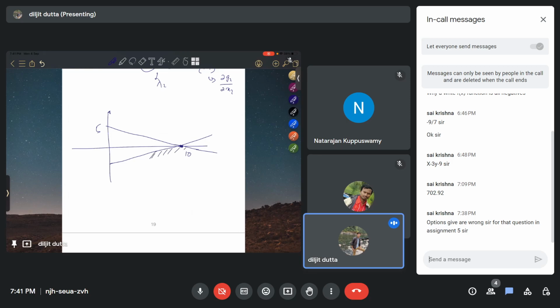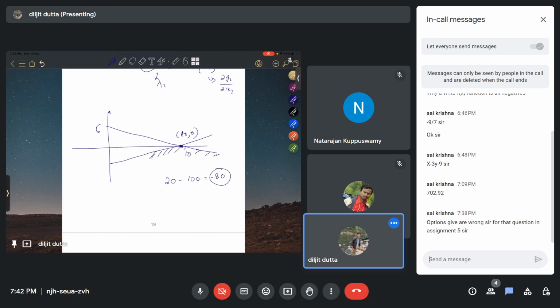It will be in this region only. So 10 comma 0 is the only solution here, I think. Two tens are 20 minus 100. Yes, the options are given wrong in this question.